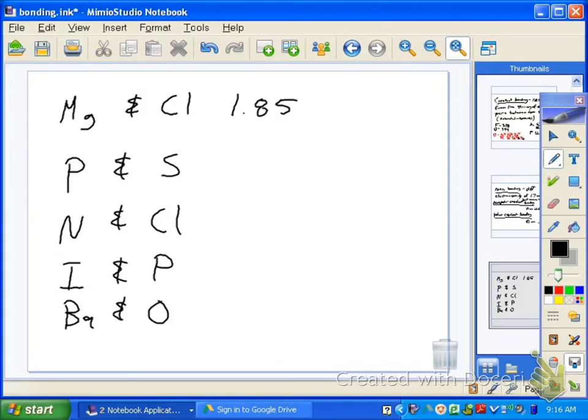What is 0 ionic character? If we had a compound that was 0% ionic character, what's the difference? Nothing. No difference. So what elements, when we bond them together, would have no difference in their electronegativities? The same element.